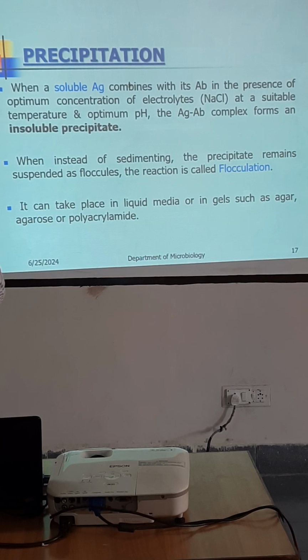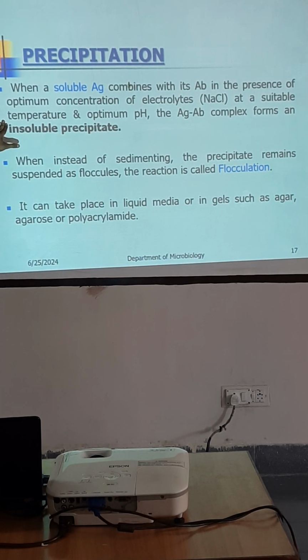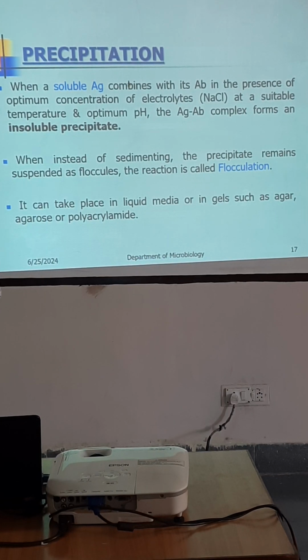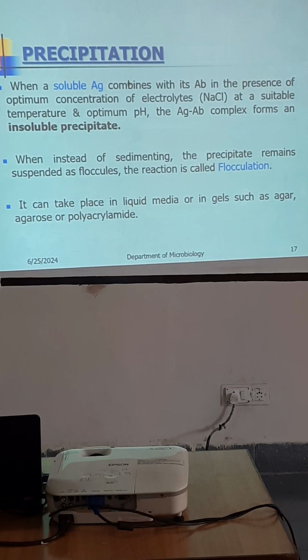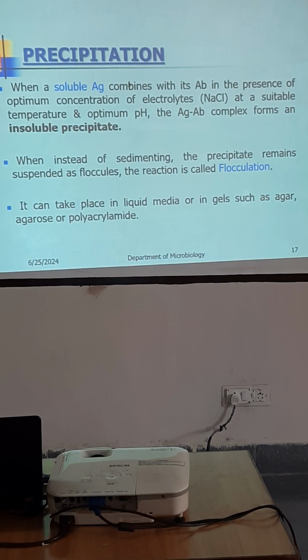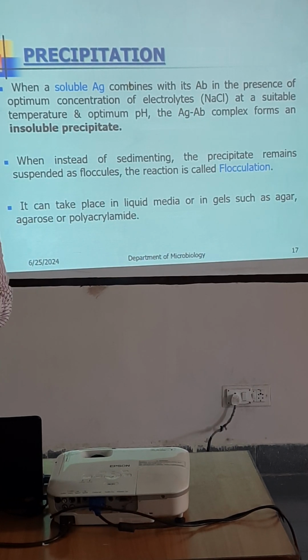So what is precipitation? Precipitation is when a soluble antigen combines with its specific antibody in the presence of an optimum concentration of electrolyte, NaCl, at a suitable temperature, that is 37 degrees Celsius plus or minus 2, and at optimum pH, that is 7 plus or minus 2.